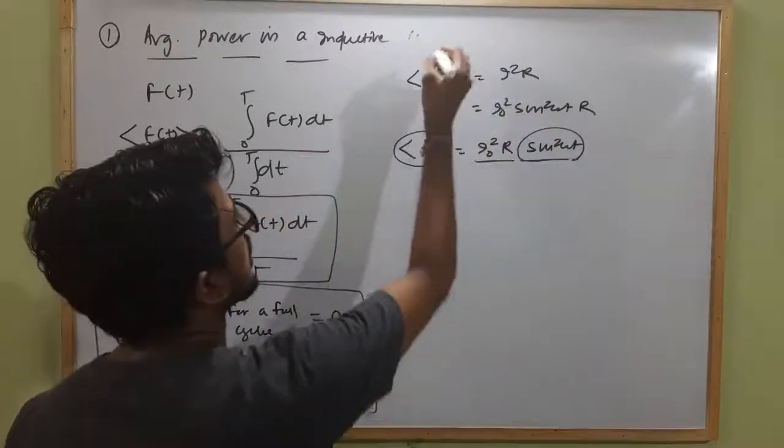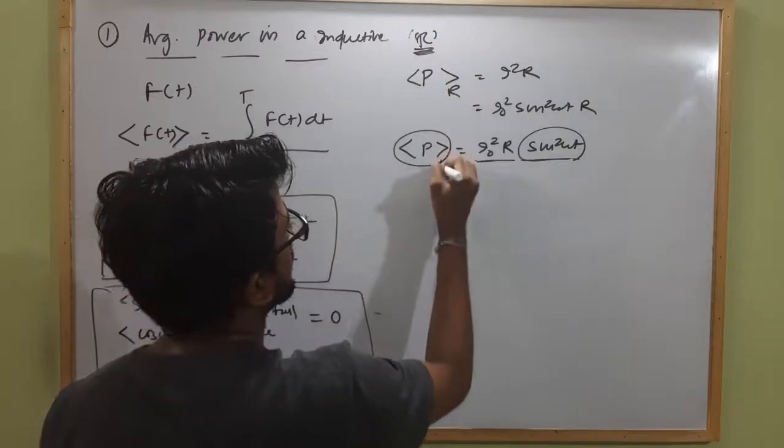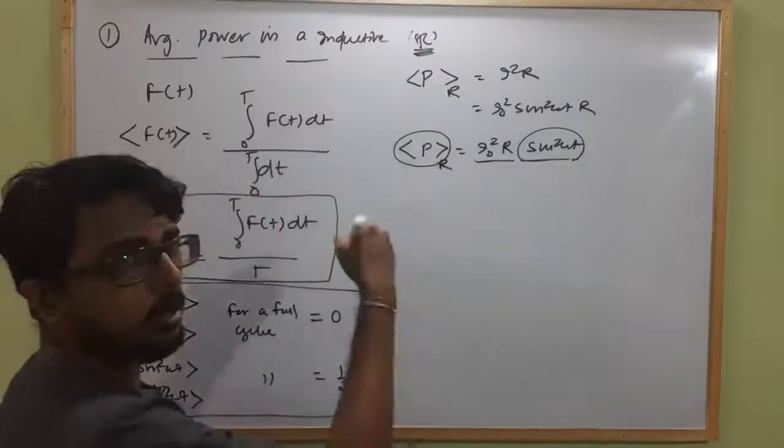We want to calculate the average power for the resistive circuit over a complete cycle.